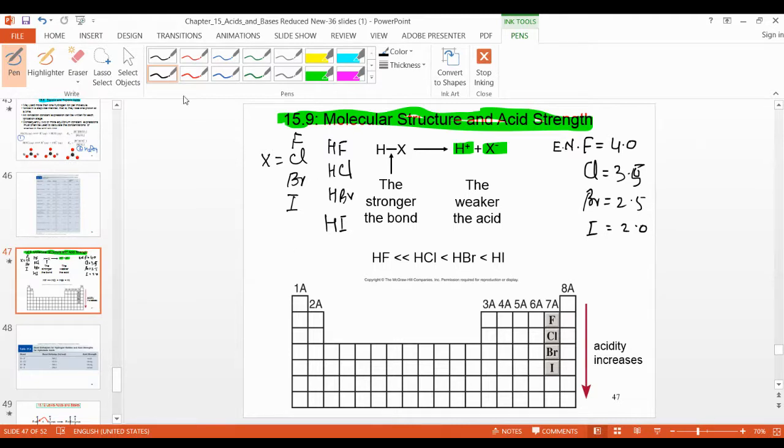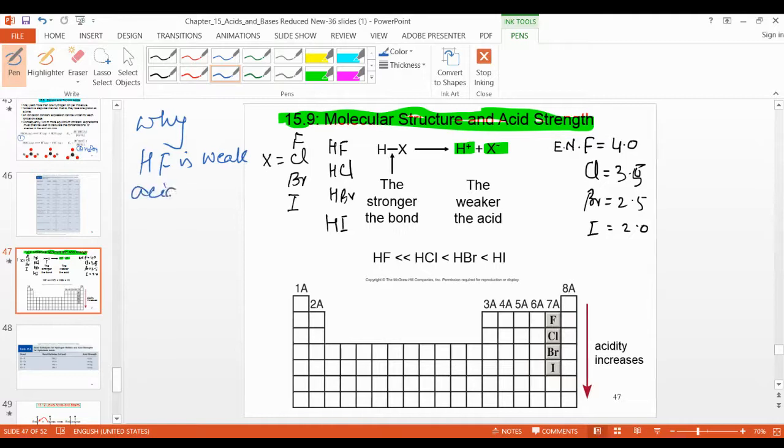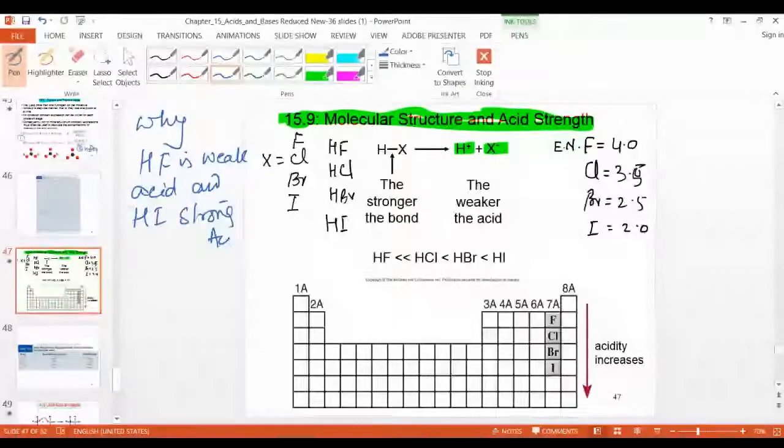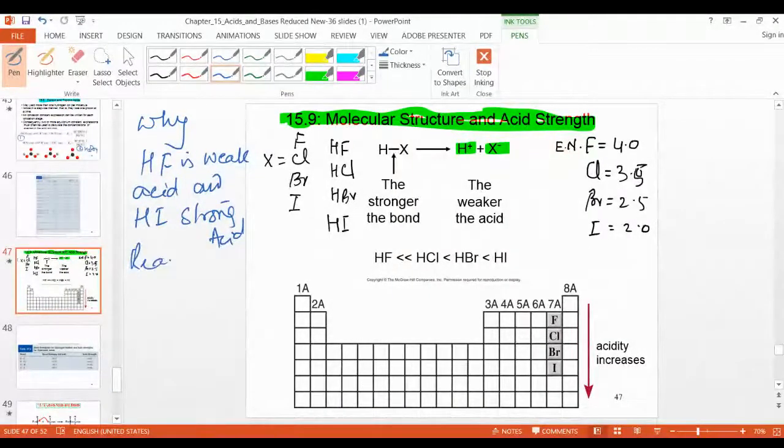Okay, so a question will be asked sometimes: why is HF a weak acid and HI a strong acid? What is the reason? What reason will you give?